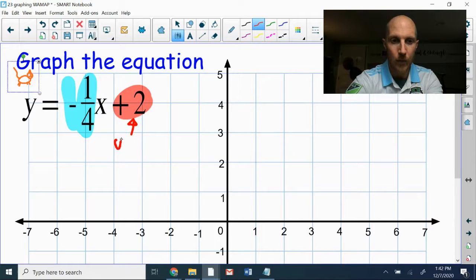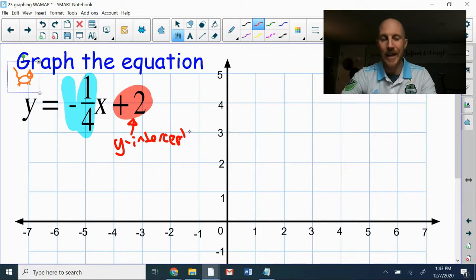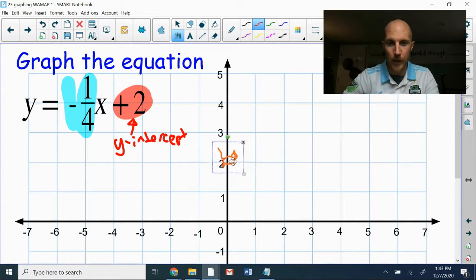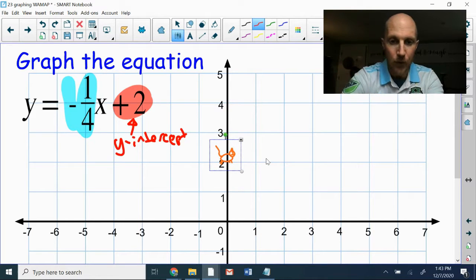That's the y-intercept. You can always identify the y-intercept because it does not have a letter on it. It's not got a y, it's not got an x touching it. It's going to be either plus a number or minus some number. In this case, it's plus. So that's the y-intercept. MathCat will find that for us on the y-axis at positive 2. So I'm going to put a dot right here to keep track of that.